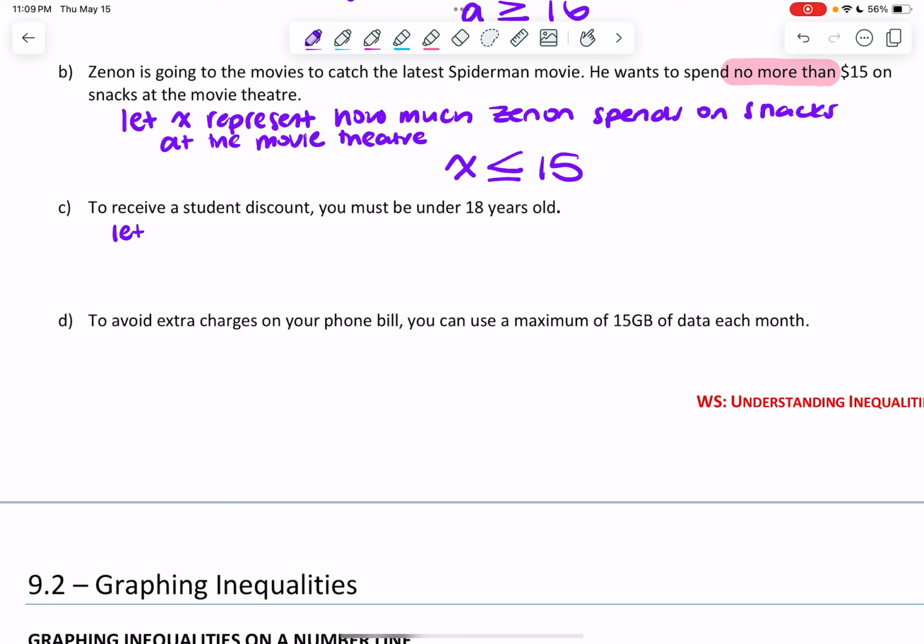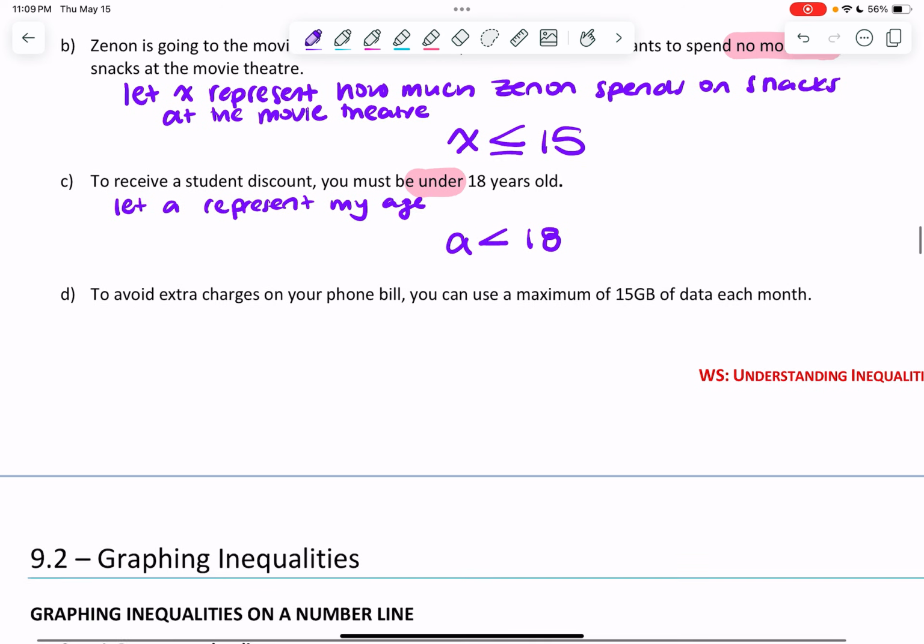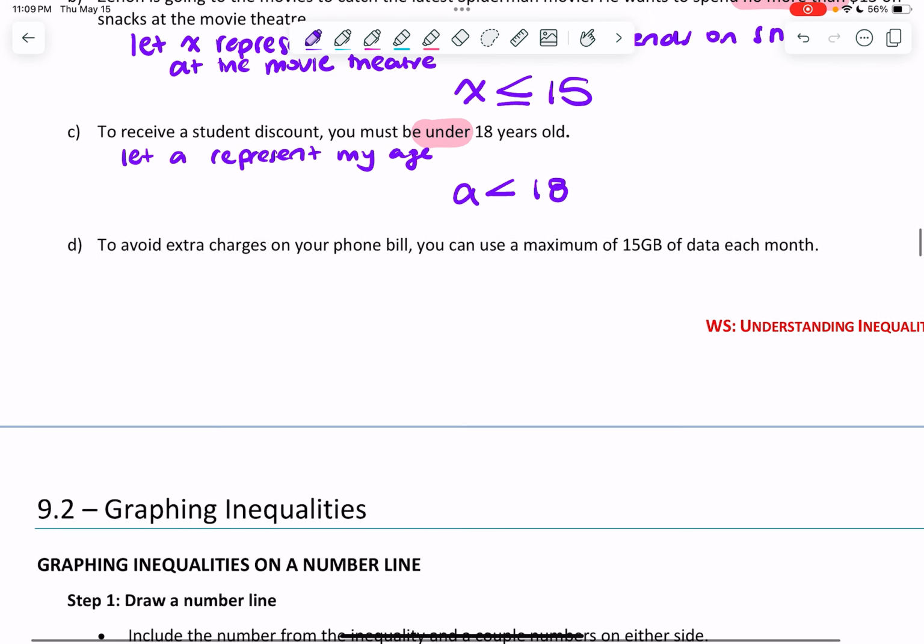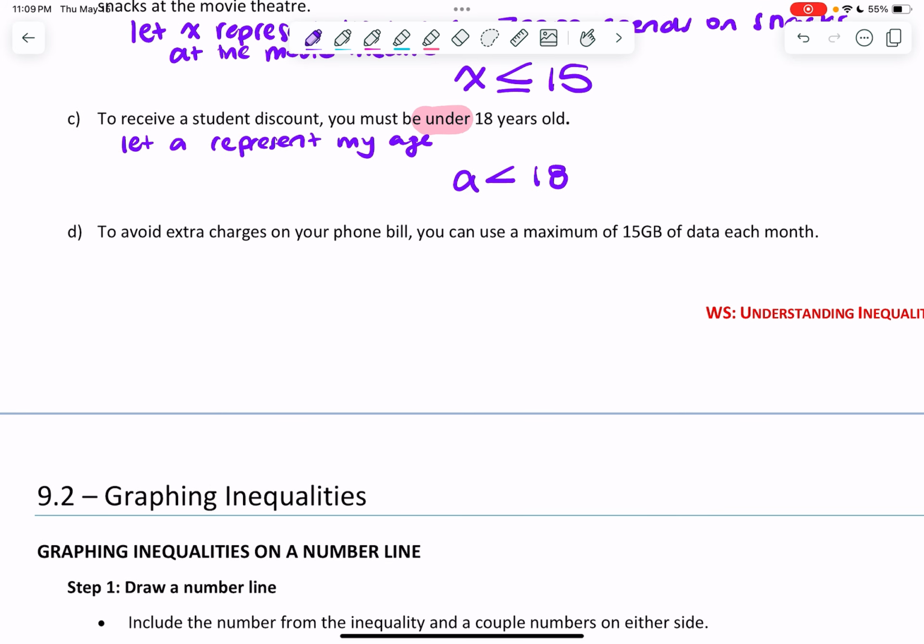To receive a student discount, you must be under 18 years old. Okay, let A represent my age again. Here, I want to be under 18 years old, which means my age has to be less than 18. Last but not least, to avoid extra charges on your phone bill, you can use a maximum of 15 gigabytes of data each month.